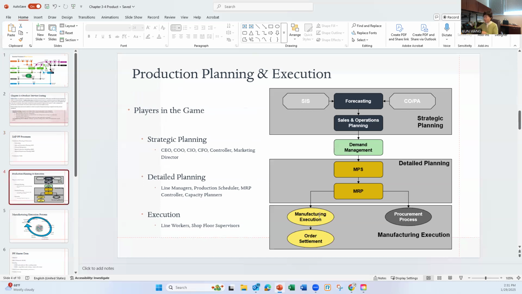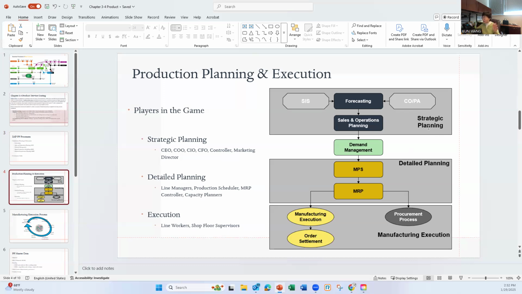And the next slide gives a more step-by-step presentation of the processes under the production planning and execution, and all of the different roles and functions involved in different stages of this process. Okay, so forecasting, SOP, and this is your strategic level, right?